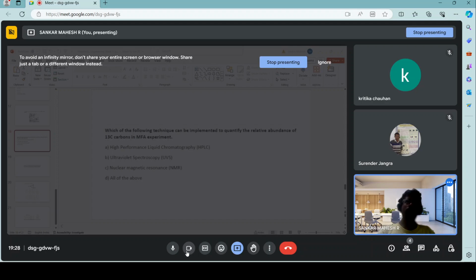For example, let's say there is glucose. Instead of it being a normal 12 carbon glucose, you take a radioactive version, which is an isotope of normal 12 carbon glucose. Instead, it's a 13 carbon glucose.